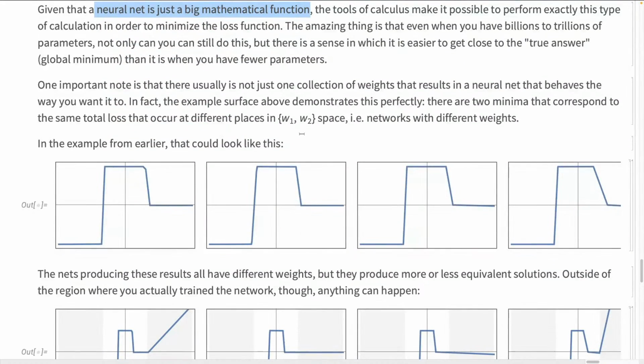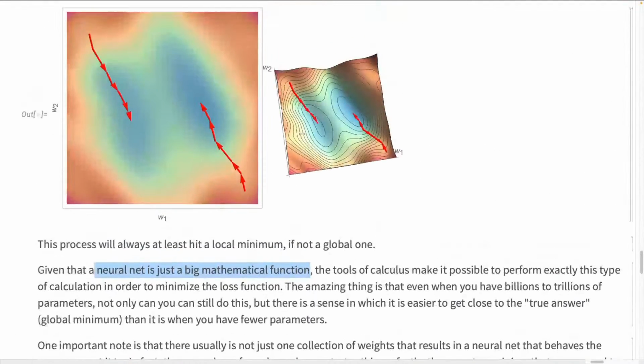And one thing to note, I'll scroll back up, I'm a serial scroller, is that it's not the case that there's one specific value of all the weights. Maybe you have a billion weights. There's not just one length 1 billion vector that specifically points to the minimum.